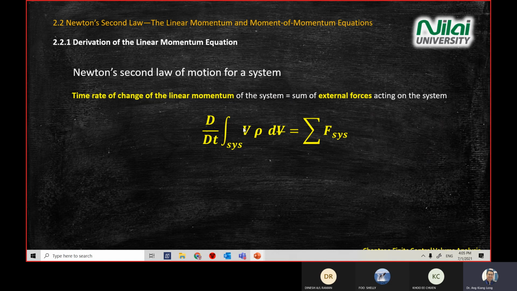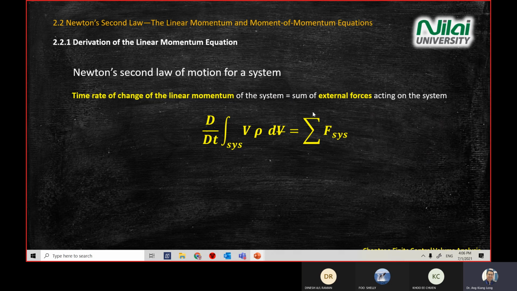So this is the velocity times rho times the volume, equal to the force on the system. If the question asks you to analyze a control volume using Newton's second law of motion, this is the equation that you need to write on your answer sheet. This is the first equation we expect in your answer.